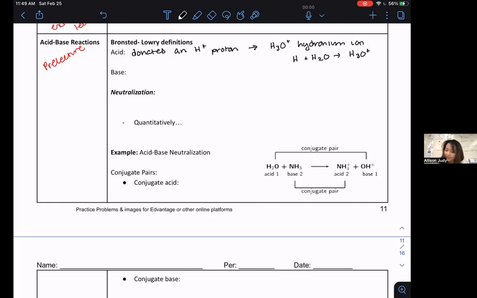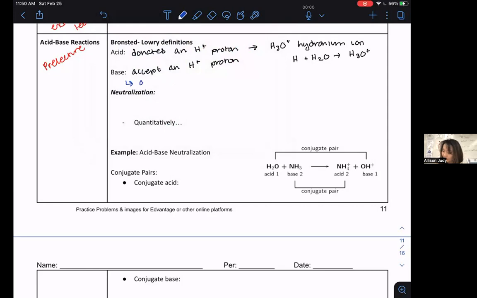And then as a base, according to the Bronsted-Lowry definition, they are compounds or species that can accept an H+ proton. It's not always the case, but oftentimes you will see a strong base able to carry its own recognizable ion that is able to accept that H+ proton.